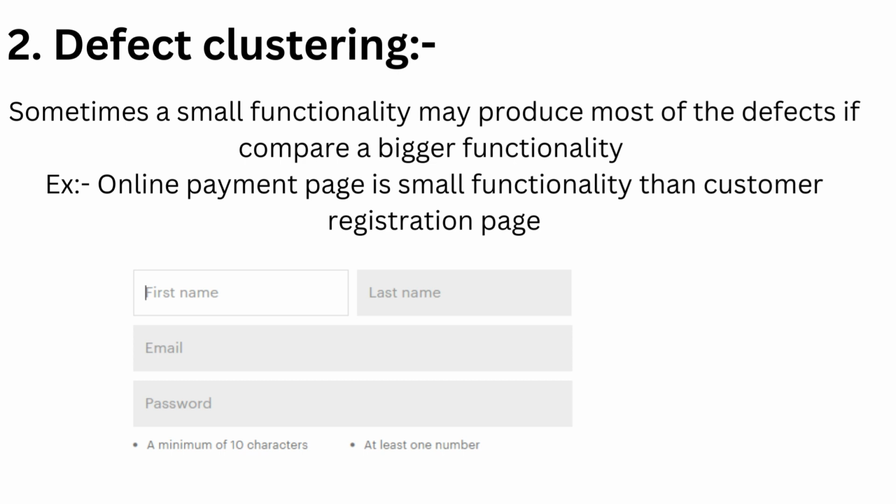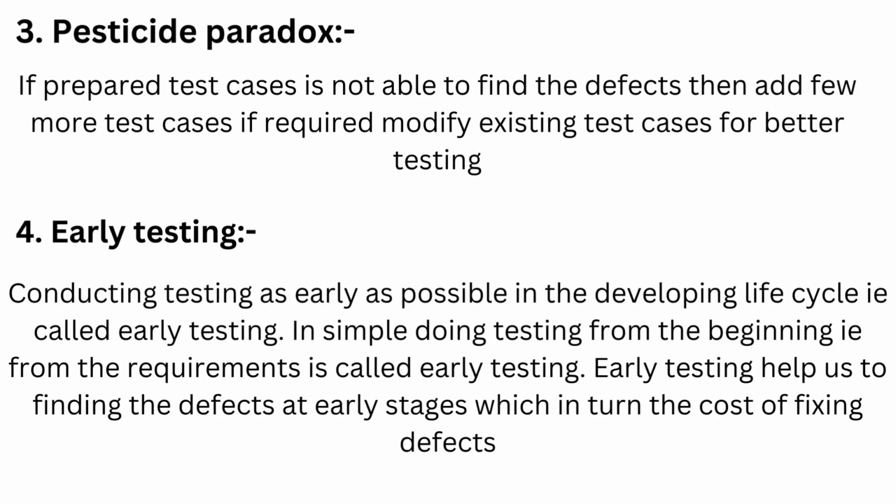Coming to the next one, pesticide paradox. This one is very easy, because if the prepared test cases are not able to find the defects, then add a few more test cases. Or if required, we need to modify the existing test cases for better testing.